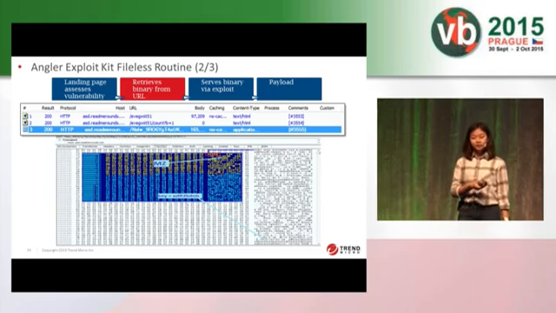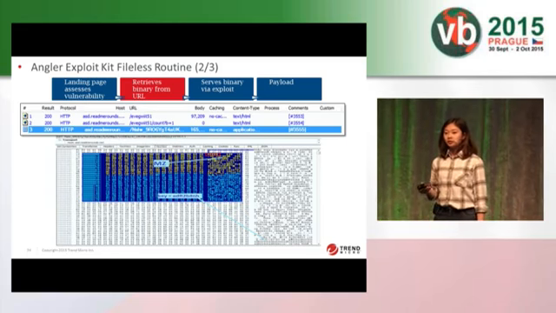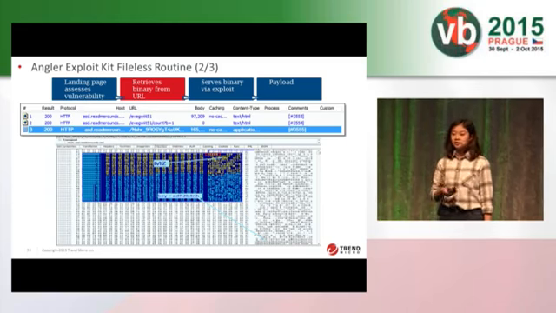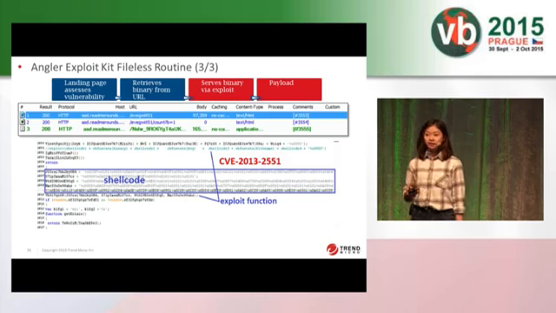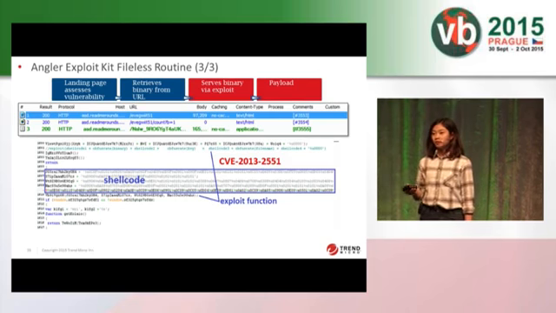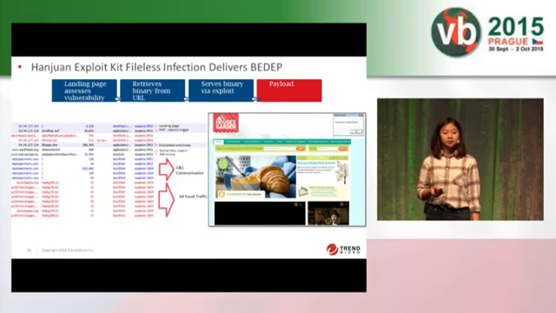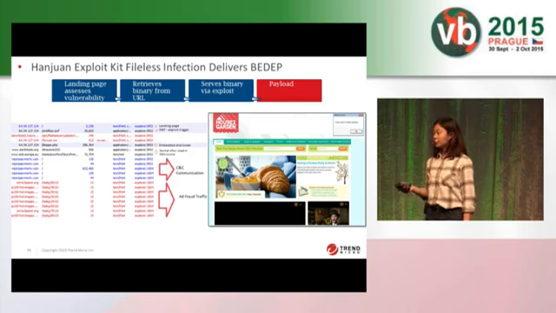With the NOP sled, it triggers the exploit kit to choose to deploy this via injection to memory. So this binary would be running in the exploited application. The typical payloads of Angler are Pceb and Poix. It's a similar concept with the Hanjuan exploit kit.